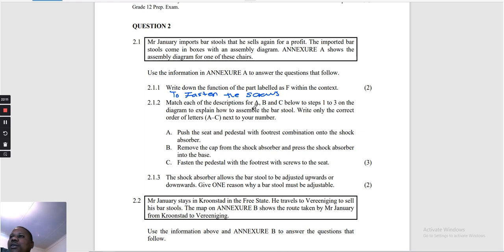Match each of the following descriptions A, B, and C below to step 1 to 3 on the diagram to explain how to assemble the bar stool. Write only the correct order of letters A to C next to your number. So now let's see this A, which step is it going to be? They say push the seat and the pedestal with the footrest combination onto the shock absorber.